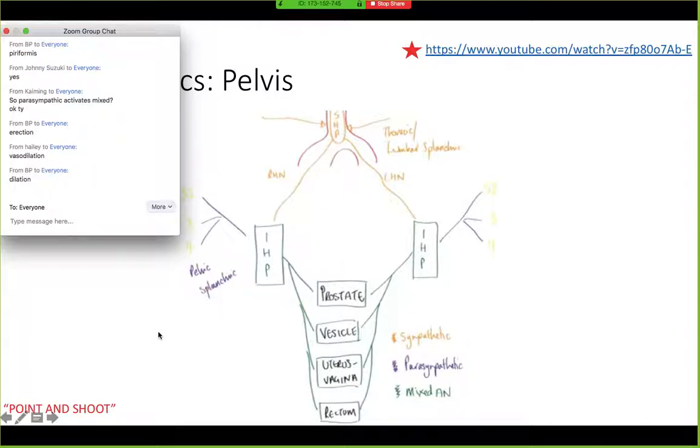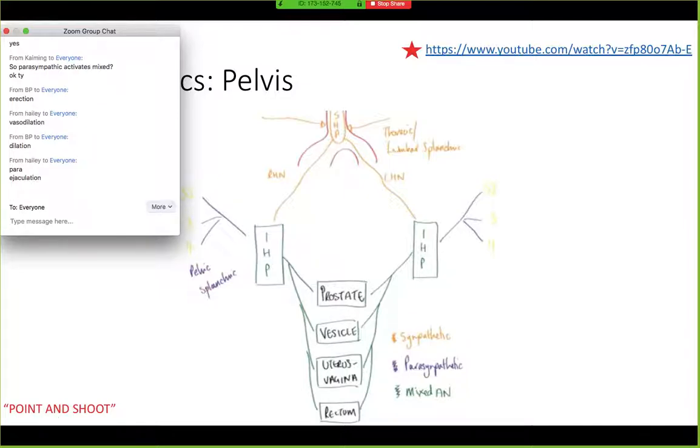Correct, vasodilation. And is that a result of parasympathetic or sympathetic fibers? Parasympathetic, right? And then what is the shoot referring to? Ejaculation, okay. And is that a result of parasympathetic or sympathetic fibers?